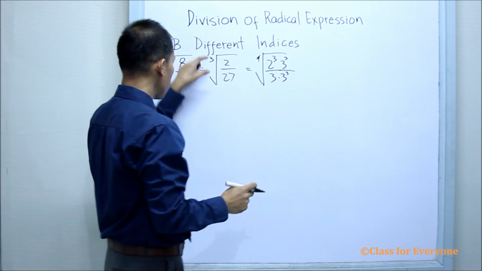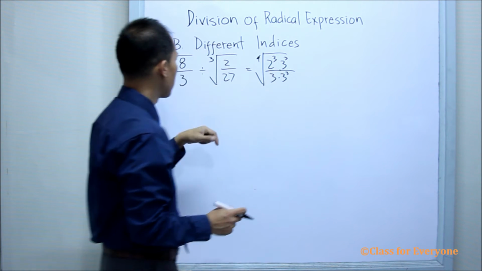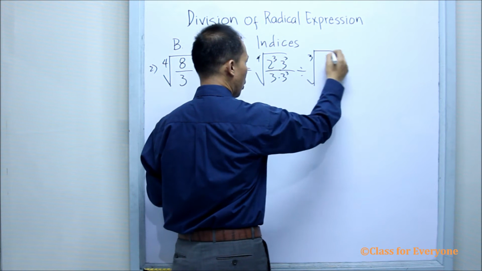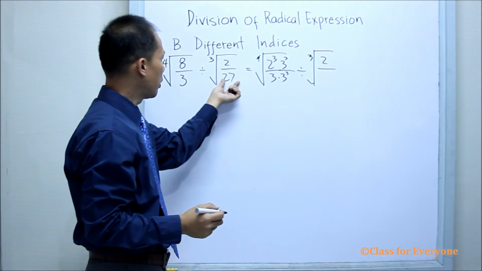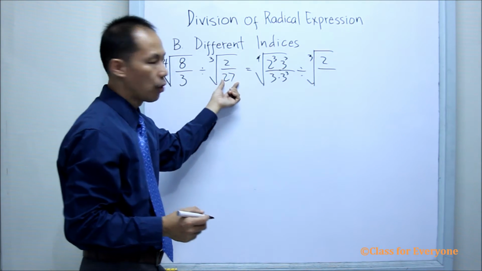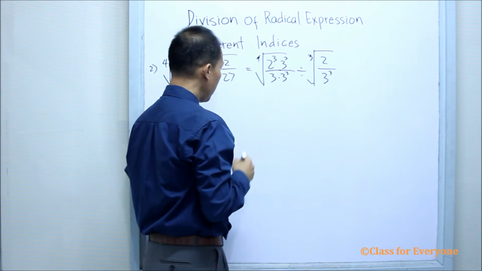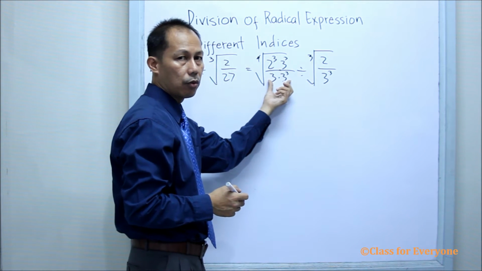So the next radical is the cube root of 2 over 27. This 27 can be written into an exponential form as 3 cubed. And then in this case, we have this as a perfect fourth root.